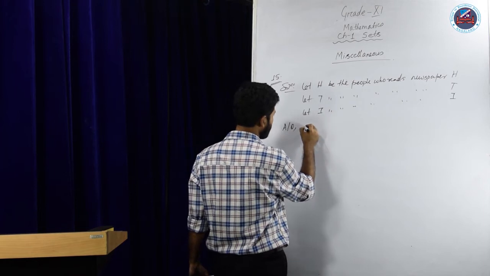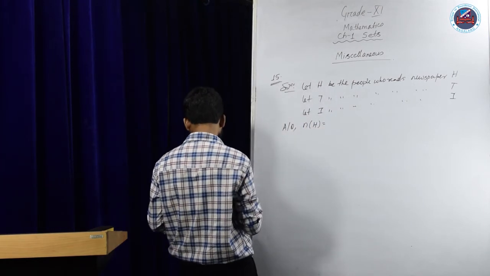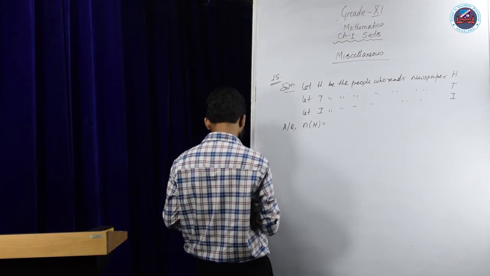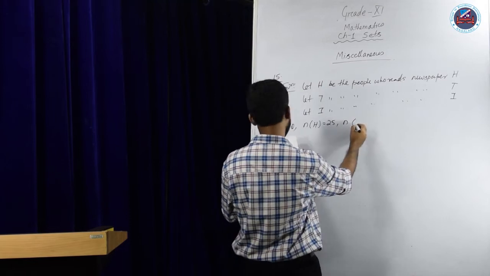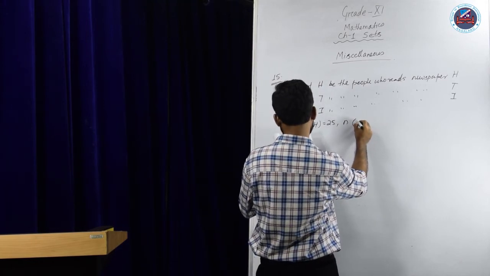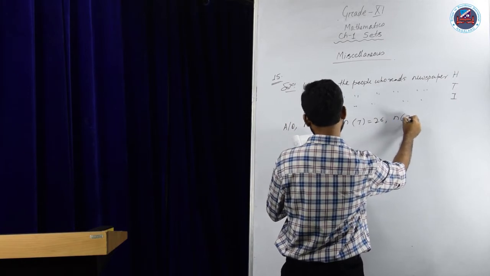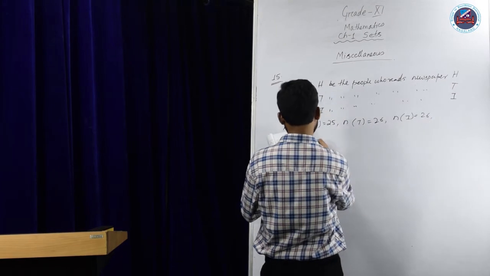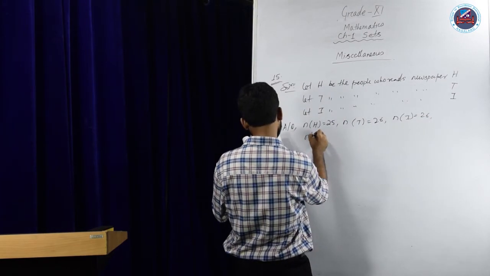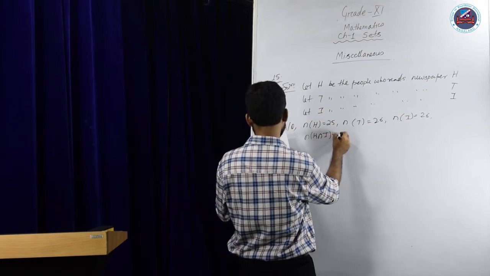According to the question, the number of people who read newspaper H is 25. The number of people who read newspaper T is 26. The number of people who read newspaper I is also 26. The number of people who read both H and I, that is H intersection I, is 9.